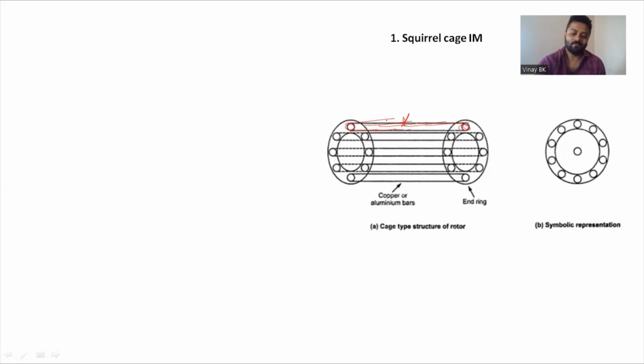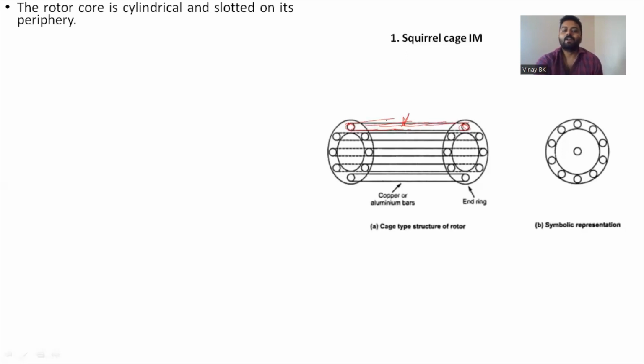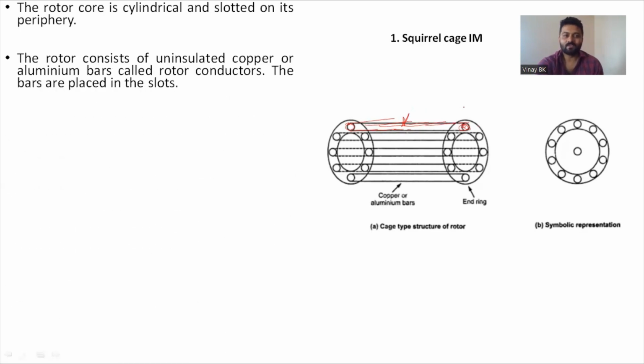The entire structure looks like a cage, so you call this a squirrel cage induction motor. You can see here that the rotor core is cylindrical and slotted on its periphery. The rotor consists of uninsulated copper or aluminum bars called rotor conductors.